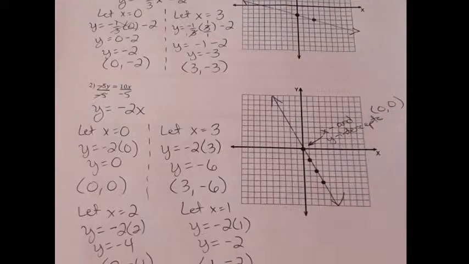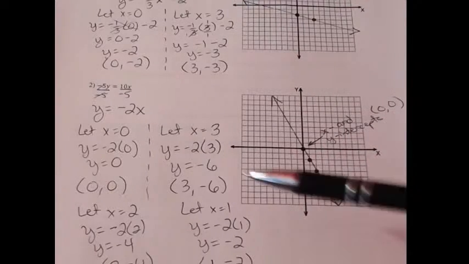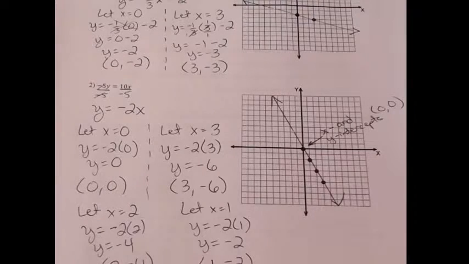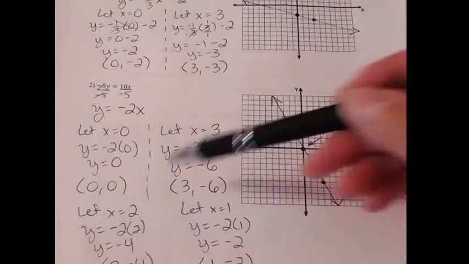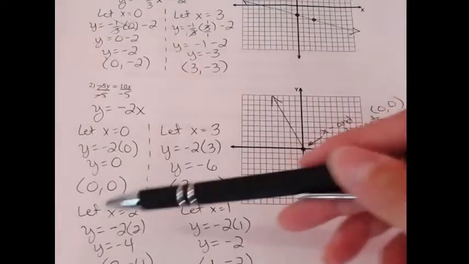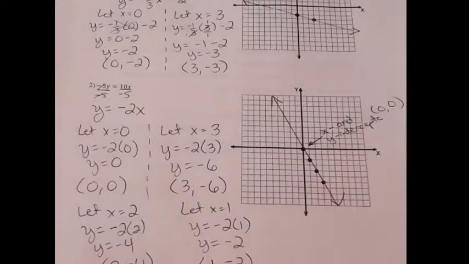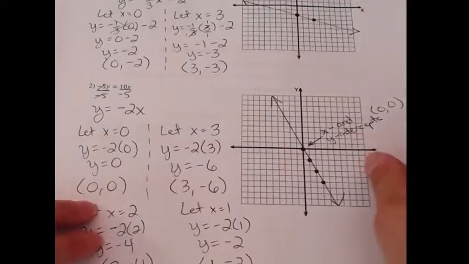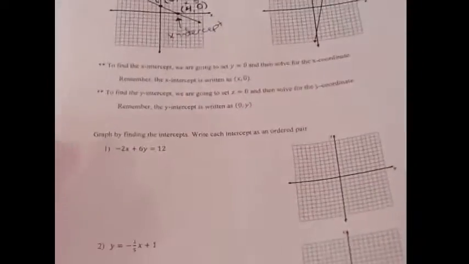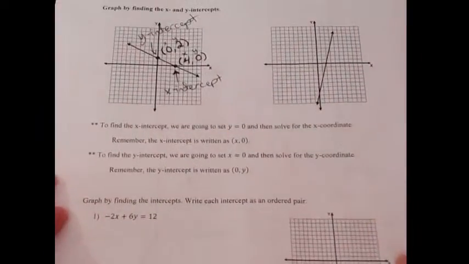Even if I said to you, hey, everyone, find the x and y-intercepts, you'd say, well, it's 0, 0. You would then say, okay, well, I know how to graph by plotting points, so let me find one more point on this line. And we did that by letting x be 3, or letting x be 2, or letting x be 1, right? As long as we have 2 points, we can make a line, even though the x and the y-intercepts happened to be the same. That's just an example of the fact that you can have the origin be both of the intercepts.